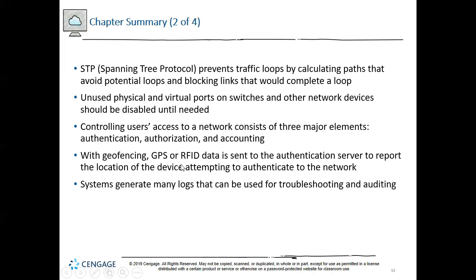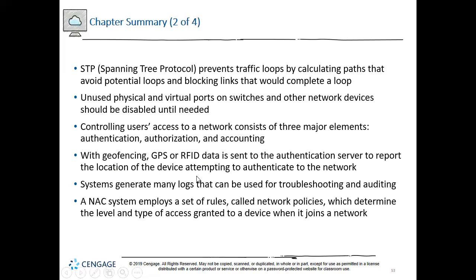Are you in the right place? Do you have the right device? These types of things. Logs can then be analyzed with some kind of auditing software, which could include some statistical analysis to see if things are unusual, and then we can see if some kind of attack is happening.